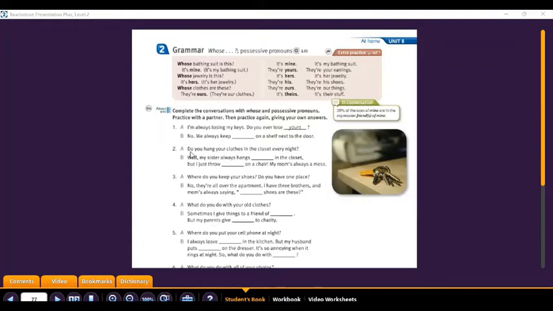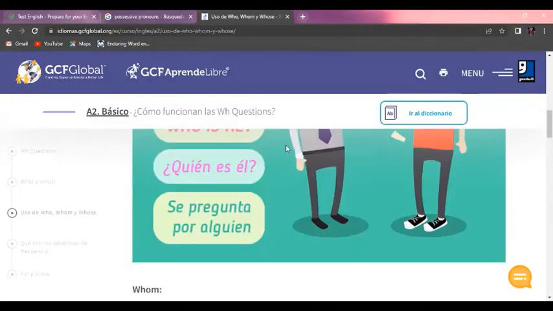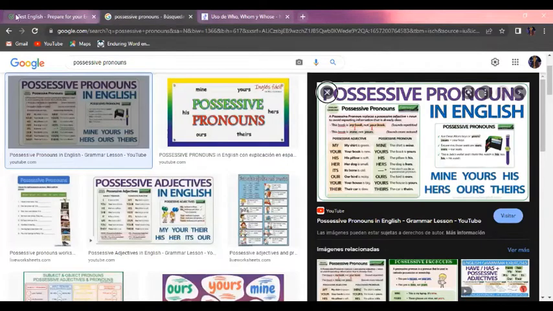Many times we have seen these pronouns, maybe in our movies or when we are reading something, and sometimes it's a little confusing for us. For example, sometimes we see my, mine, me, and we don't know how to use them in the appropriate way. So here we have our possessive.